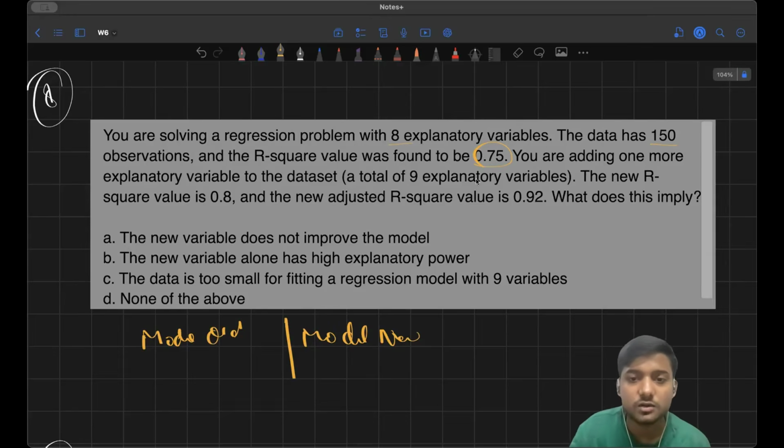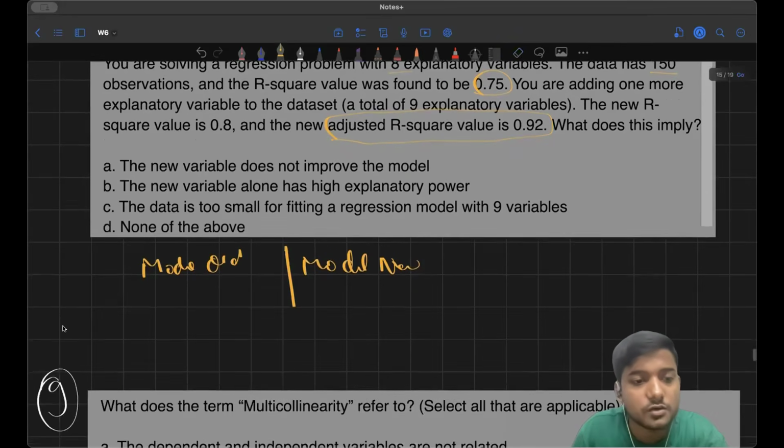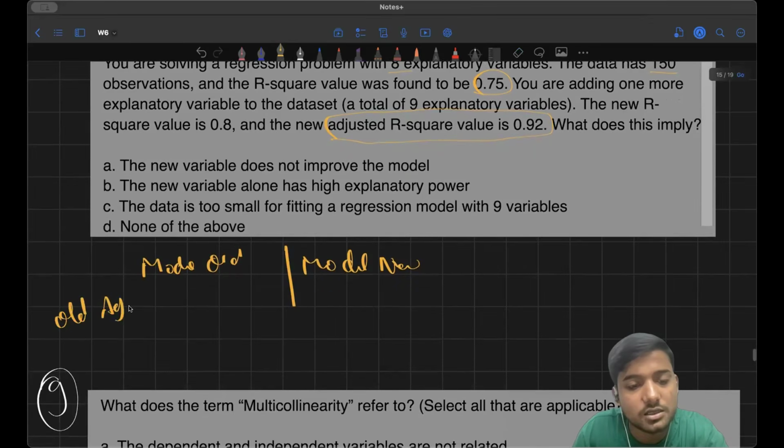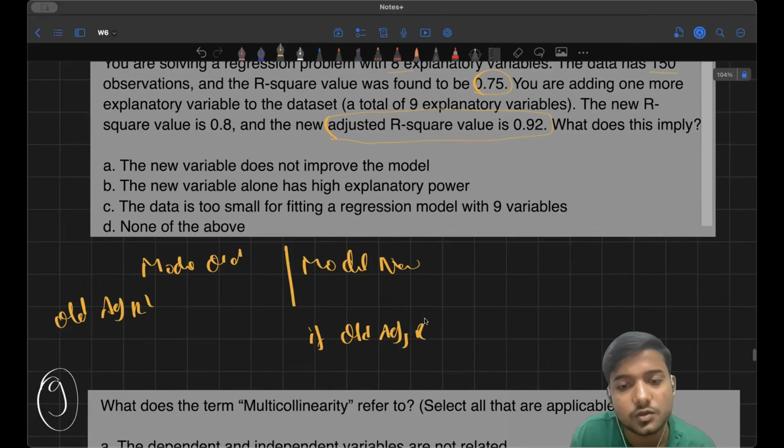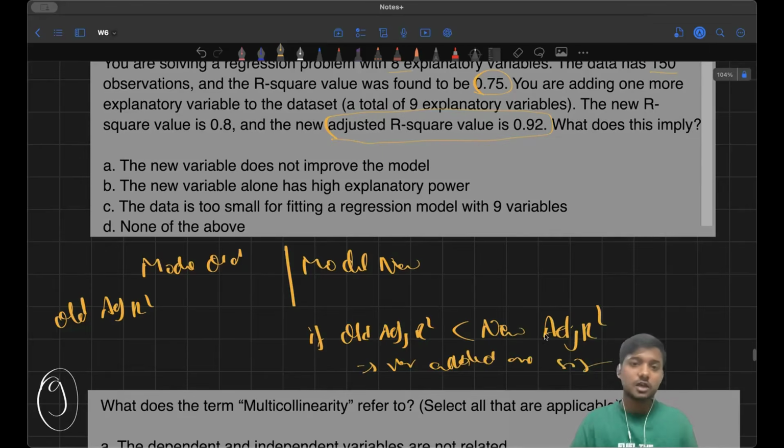So if I could calculate, because I know adjusted R square is 0.92 here, if I could calculate old adjusted R square and compare with the new adjusted R square, then we can comment, right? How do I comment? If old adjusted R square is less than new adjusted R square, that means variables added are significant, right? So this is how we compare.